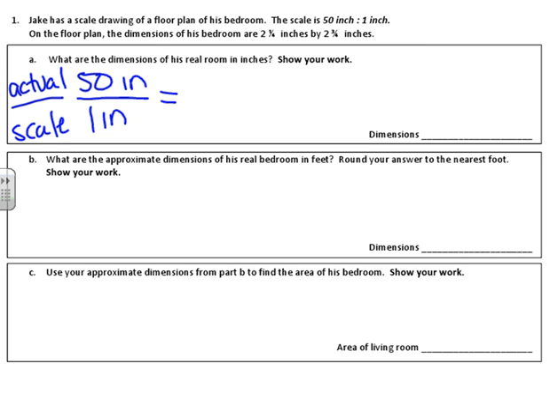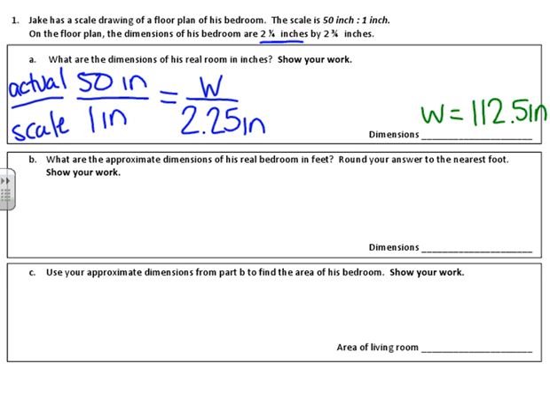So the second fraction, the actual size is what I want to find, and I'm going to start with the width, so I'll use W for that. And the scale amount is 2 1/4 of an inch, so I'm going to use 2.25 inches. Then we can use cross products to solve, and we get that the width is equal to 112.5 inches.